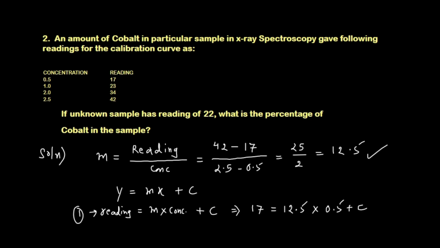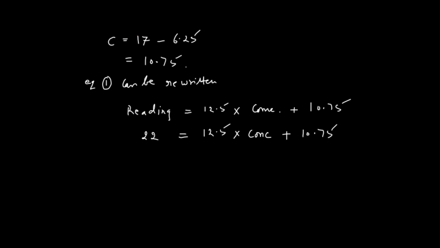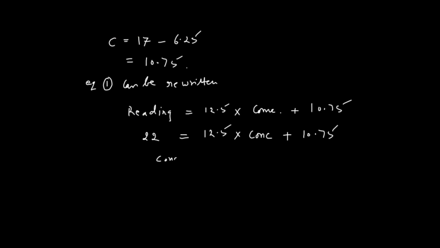So now I'm having everything. I'm having this C, I'm having this M, and I'm having the reading, which is 22. So I can easily calculate the concentration of the cobalt. If you solve this particular equation, concentration of cobalt in the unknown sample equals 22 minus 10.75.